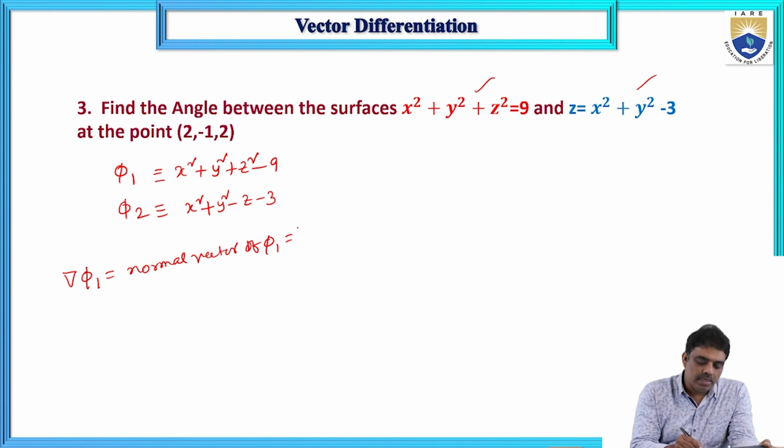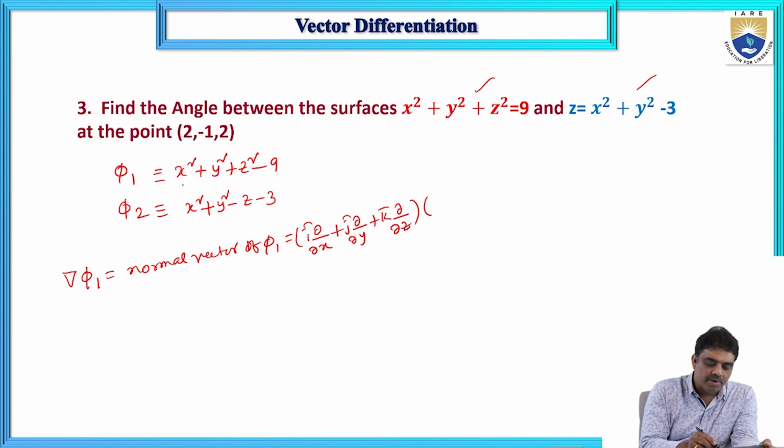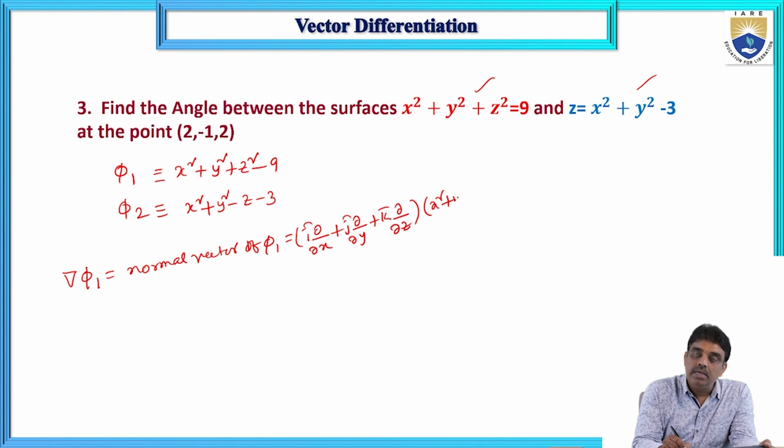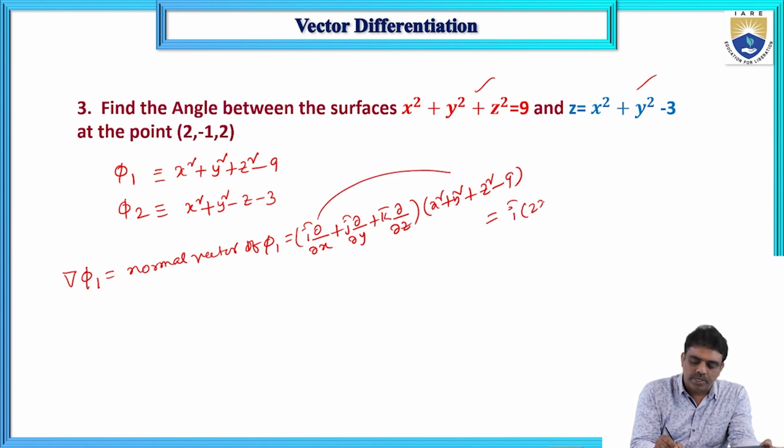So how will you get it? Grad means i bar dou by dou x plus j bar dou by dou y plus k bar dou by dou z of phi 1. Phi 1 means x square plus y square plus z square minus 9. On differentiating, i bar into dou by dou x of the entire term is 2x only.